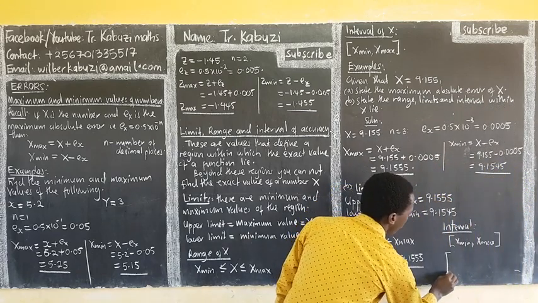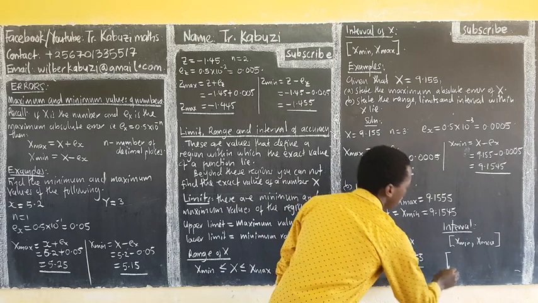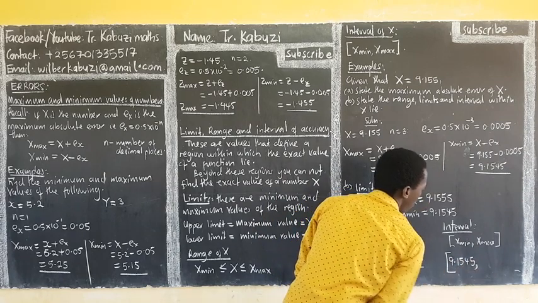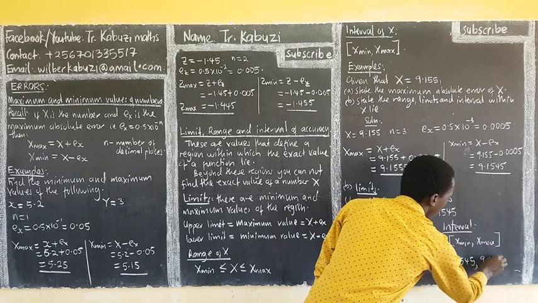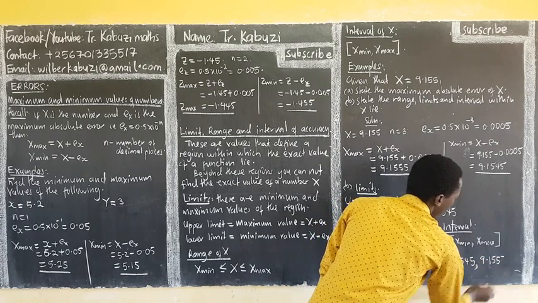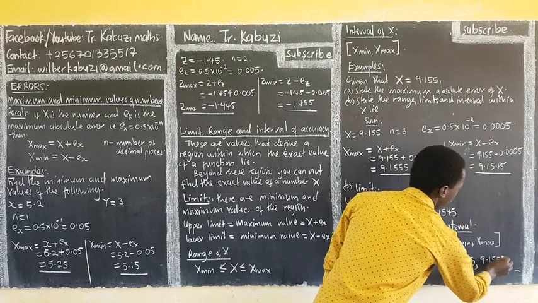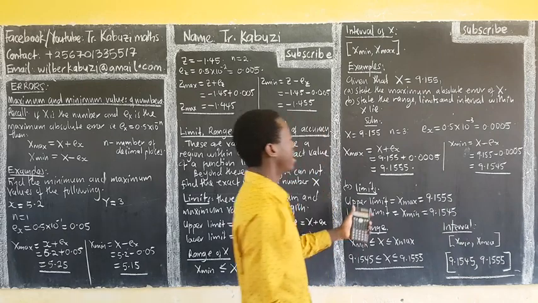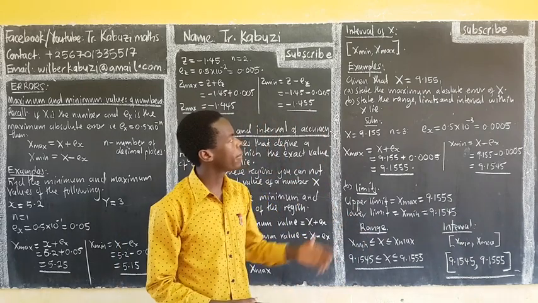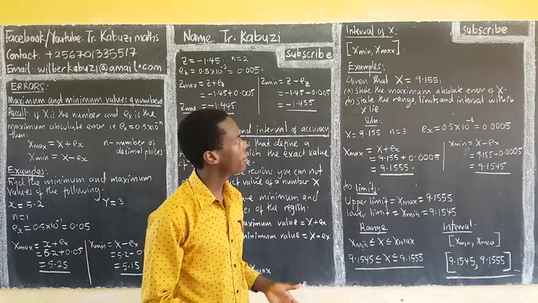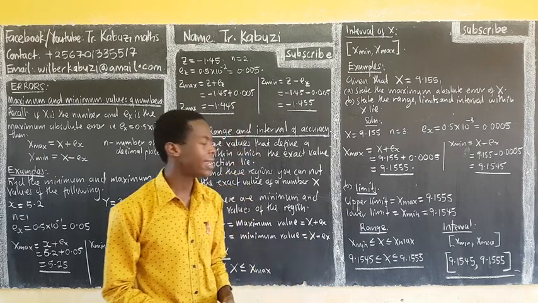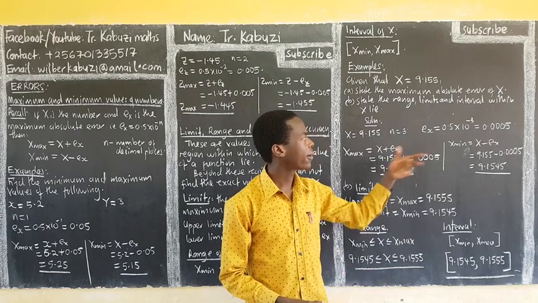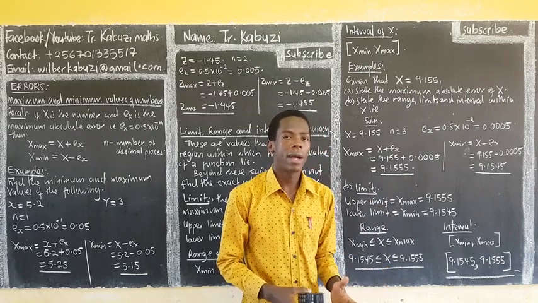So this would be the square brackets 9.1545, comma, 9.1555. That would be that. So if they ask you to get the minimum, the limits, the interval, then the range, the interval will use the square brackets that you've seen. That's how you get the maximum possible error, or the maximum absolute error.